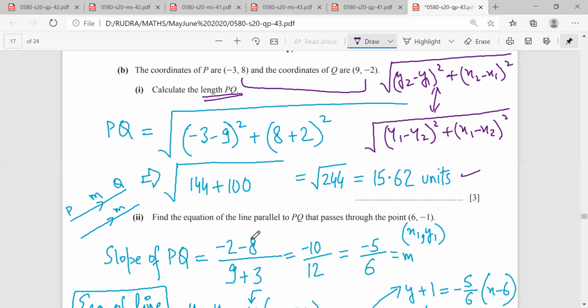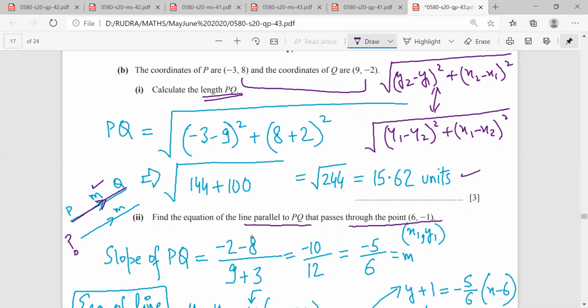Find the equation of the line parallel to PQ that passes through the point 6, minus 1. Now, PQ is this line. We need the equation of some line which is parallel to PQ. Now, if these two lines are parallel, the slopes would be same.